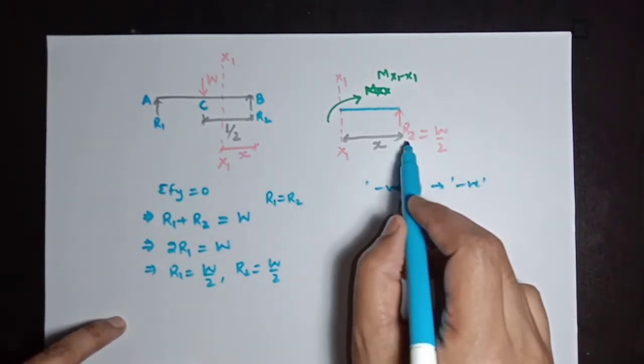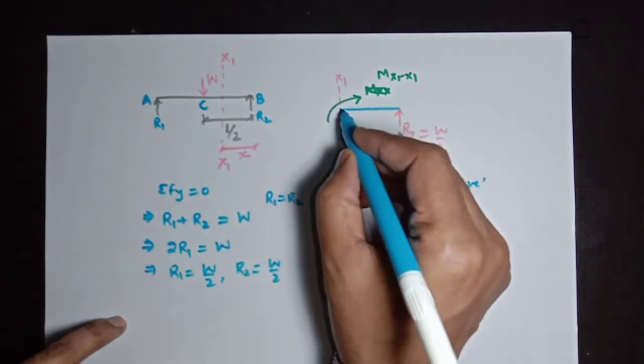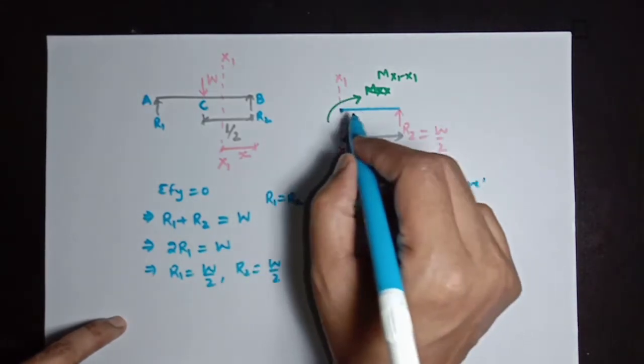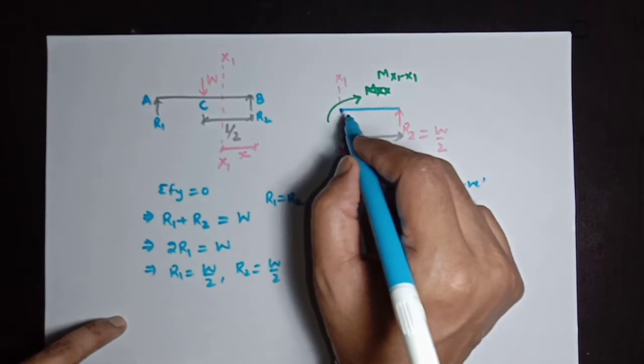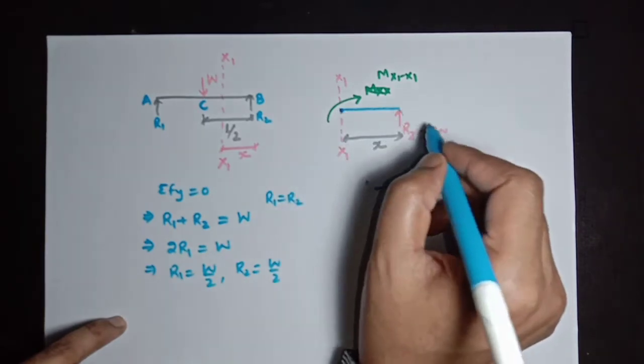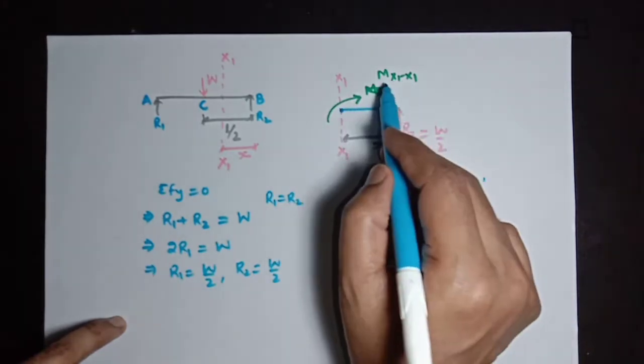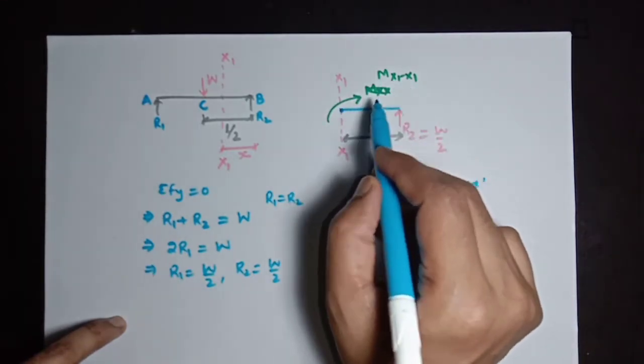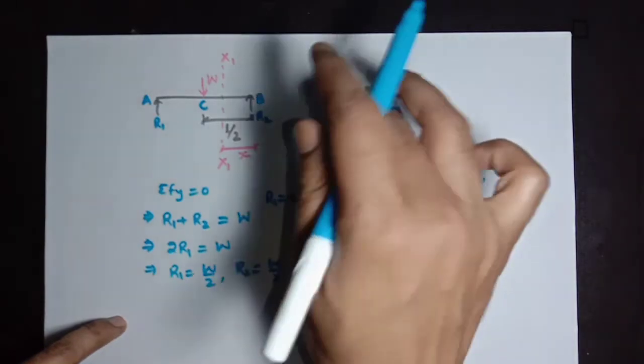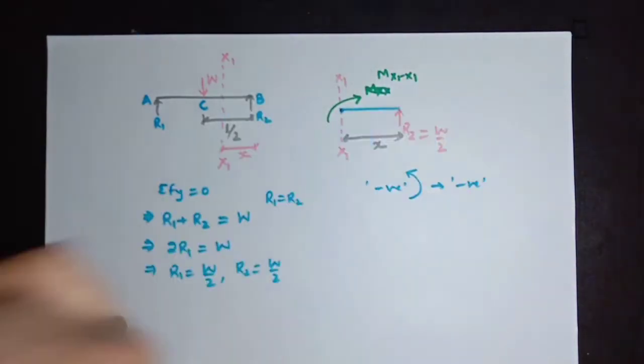Now, reactive force R2 is generating a moment with respect to section x1 which is in anti-clockwise direction, and Mx1x1 is creating a clockwise moment as I have taken it in clockwise direction.